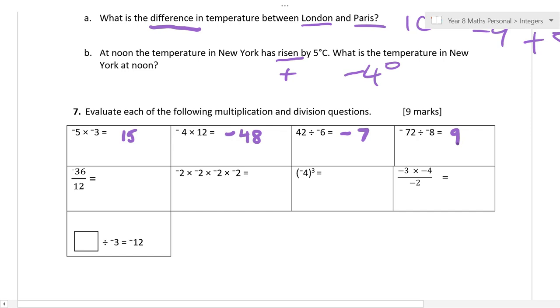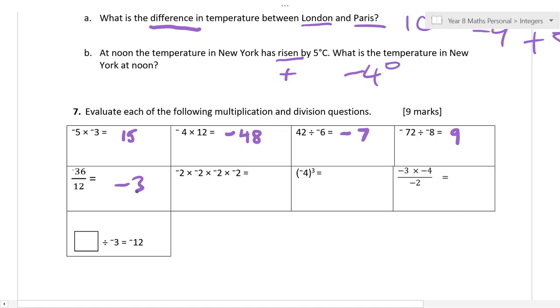That's really good. And Sienna, you're going to go through the rest of those. You want to write on it? Yeah, sure. All right, so we know that 36 divided by 12 is 3, and since it's a negative divided by a positive, it's a negative, so it's negative 3.